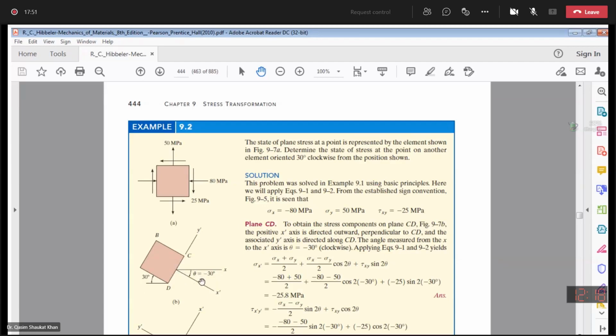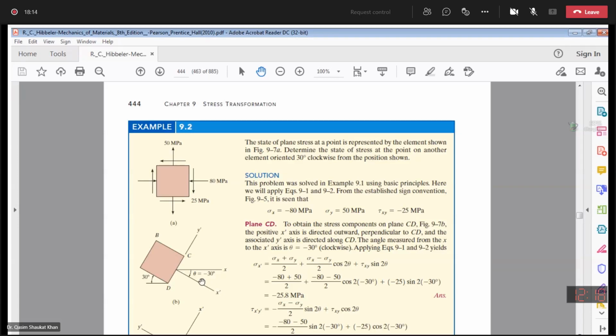If you curl your fingers from the x to the x dash direction, your thumb will point into the plane, and into the plane is negative. Out of the plane is positive, into the plane is negative.